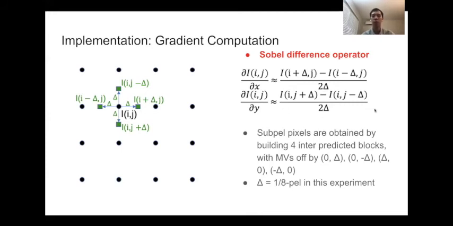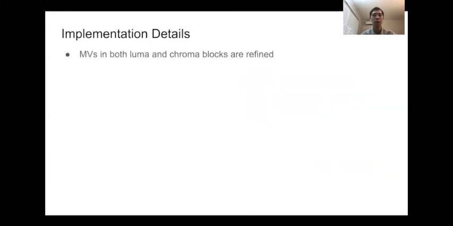In this experiment, we set delta as 1/8 pel. This is how we get the numerical gradient. Some other implementation details. First, this method can work for both luma and chroma. So we refine the MVs for both luma and chroma.